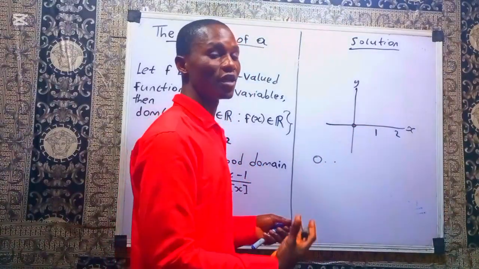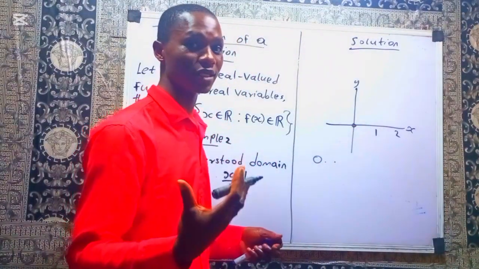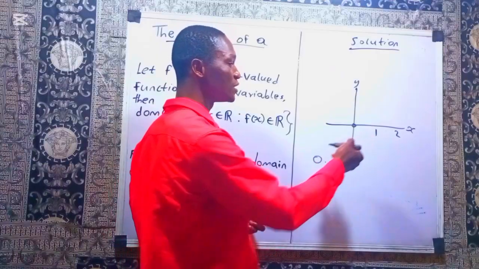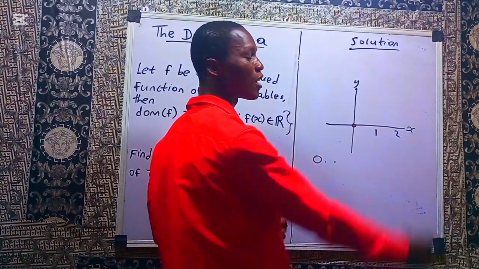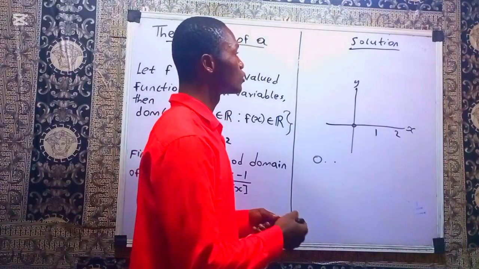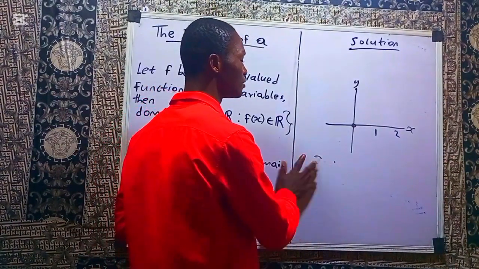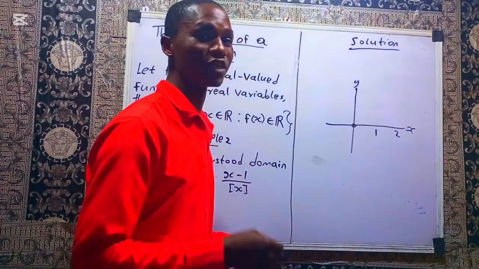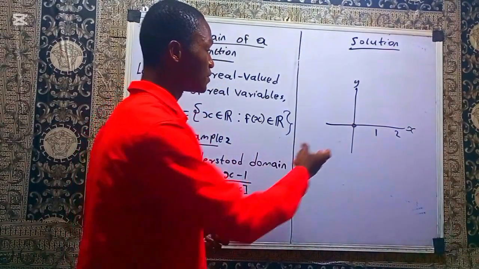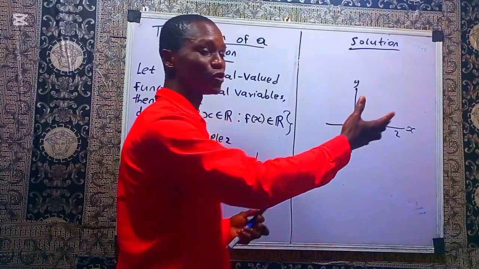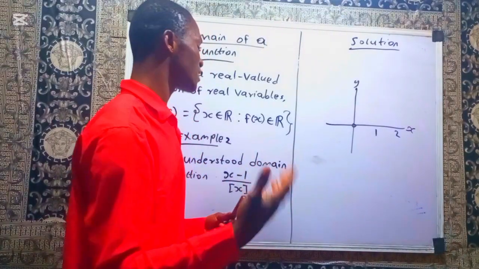If you have positive 0 point something, all those numbers are between 0 and 1. So it means that the values of x that will give us that 0 are 0 and all numbers between 0 and 1.